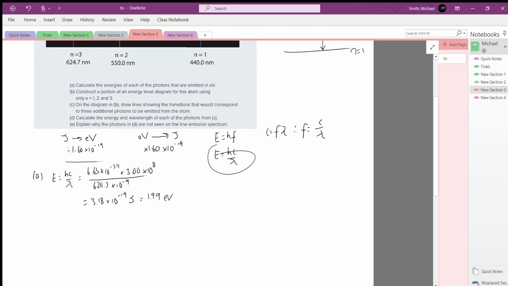Similarly, for the other photons, we'll do the next one: E equals hc on lambda.